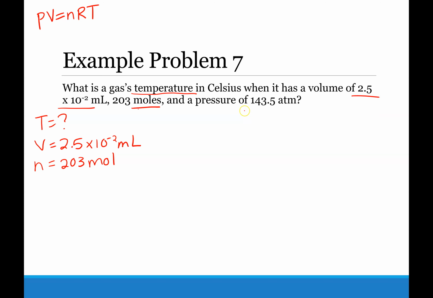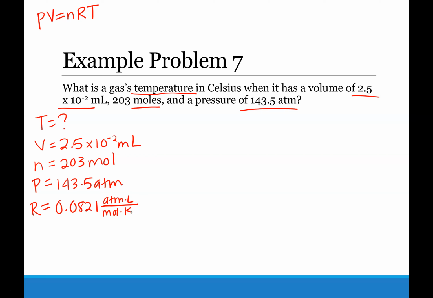It says that pressure equals 143.5 atm. And no matter what, R is always going to equal 0.0821 atm liters divided by moles Kelvin.